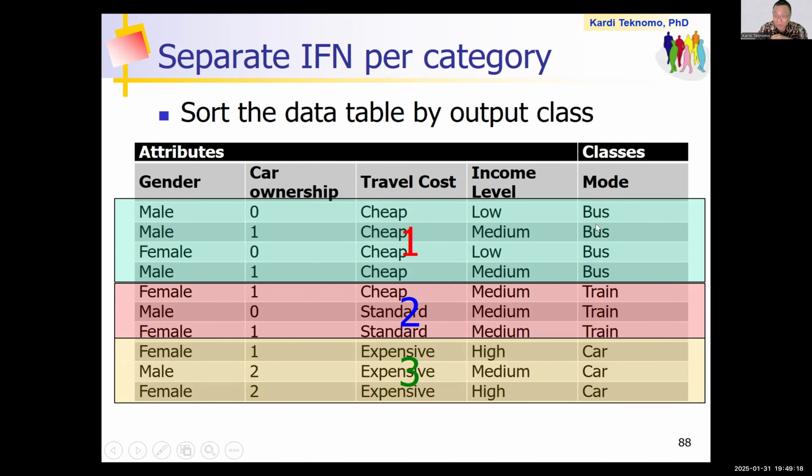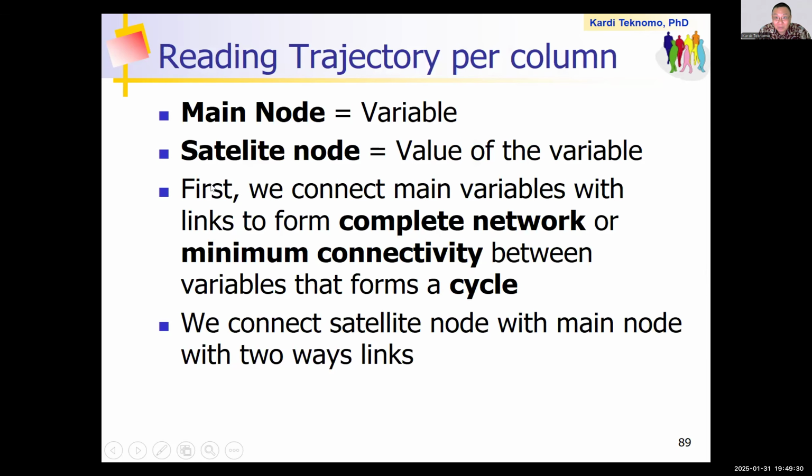So why do we need to separate? Because each of these classes represents one IFN. And then the data we read as trajectories. So the main node represents, you can do reading by column or reading by row. If you read by columns, of course, the main nodes will be the variables, and you can create a satellite node to represent the value.